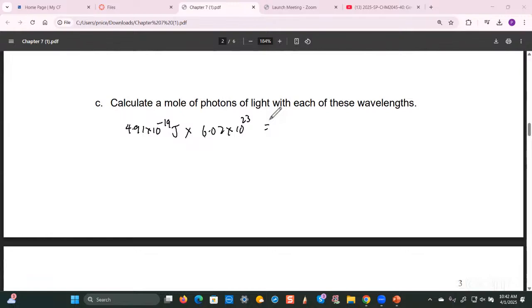The answer I got is 2.96 times 10 to the 5 joules. So that would be the energy carried by 1 mole of photons of light of that frequency. All right? Any questions about this one?